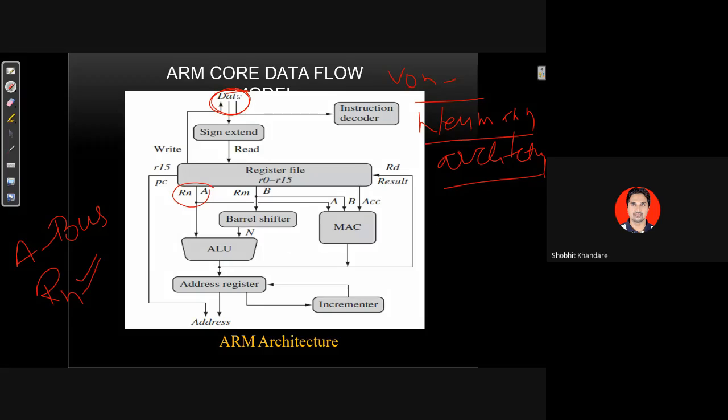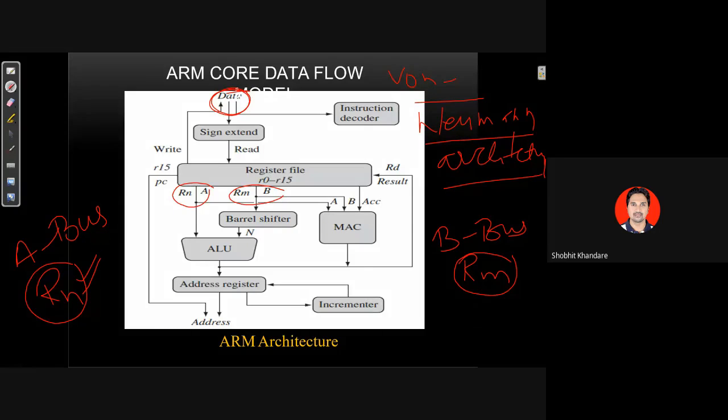Then you have B bus. B bus is associated with Rm. These are the nomenclature. Rm stands for register. So that is the nomenclature given as Rm for B bus, and Rn is the nomenclature given for A bus.